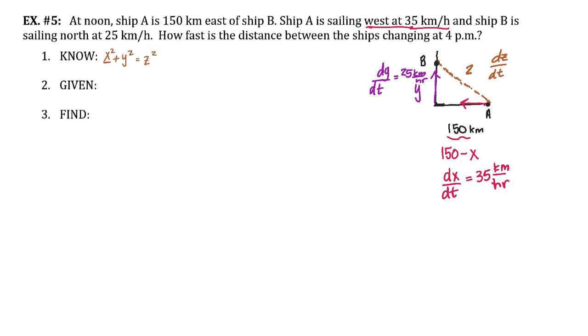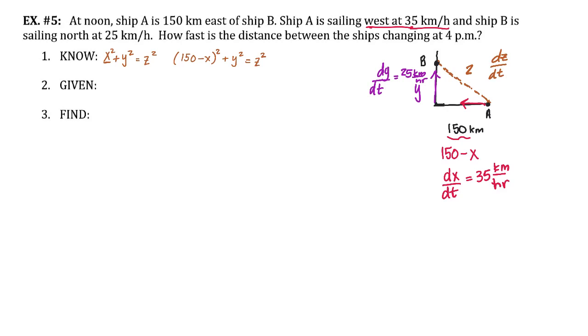Because that distance is decreasing, it's going to be not x, but (150 minus x) squared, plus our y squared, equals our z squared.